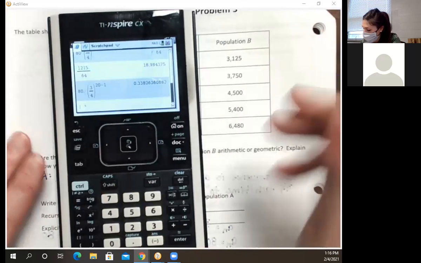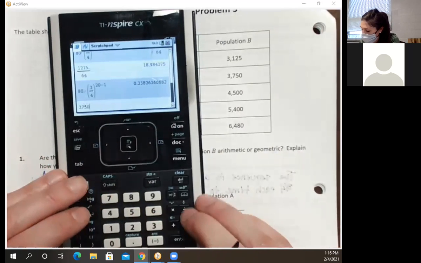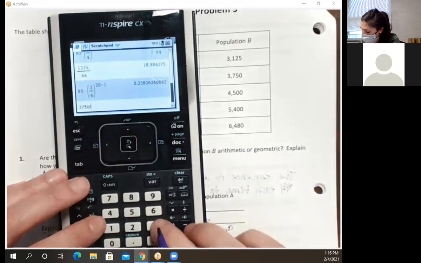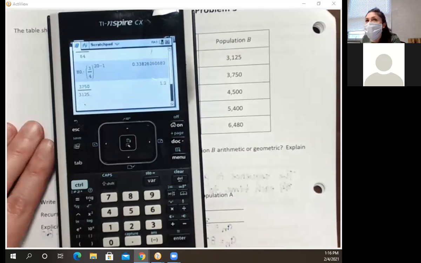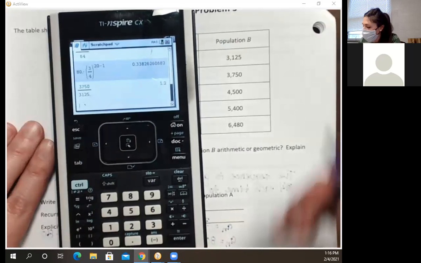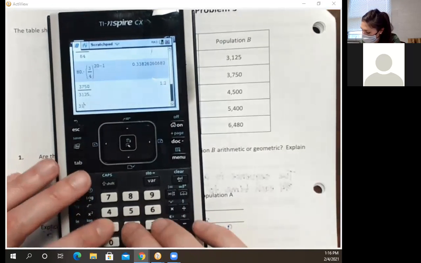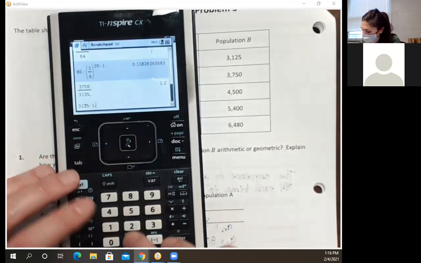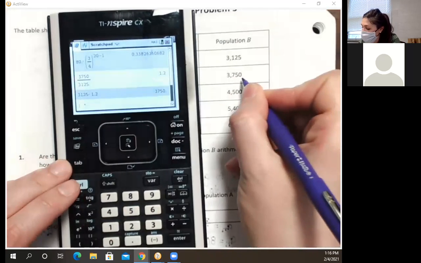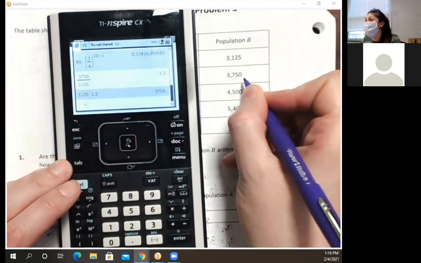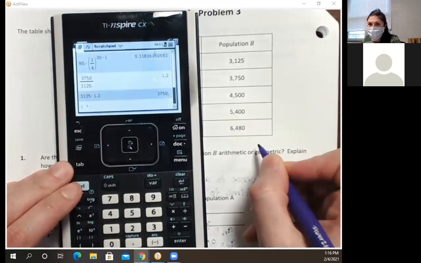I'm going to take the second term and divide by the first term. And I got 1.2. So that means if I take my first term, 3125, and multiply by 1.2, I should get the second term. And I did. Now, if this is a geometric sequence, that should be true for all of my terms.